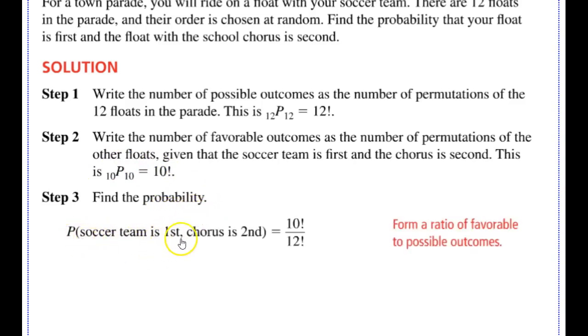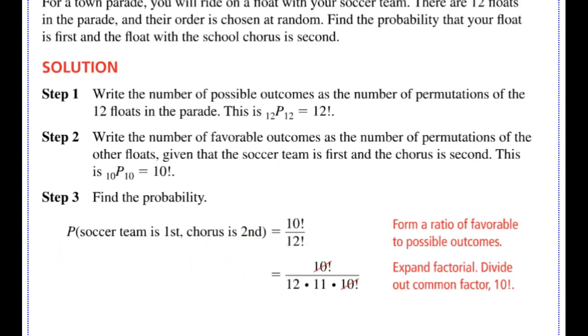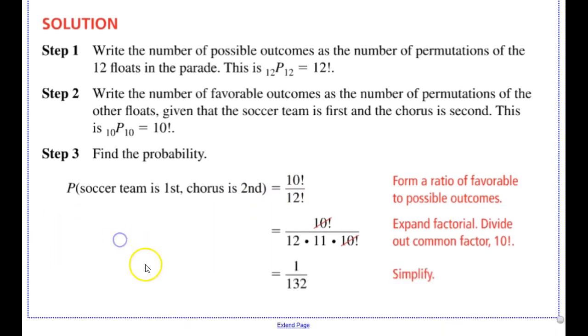The probability that the soccer team is first and the chorus is second is 10 factorial divided by 12 factorial, which I can then factor out and simplify. So 1 over 132 is my probability that the soccer team is first and the chorus is second if these floats are assigned at random.